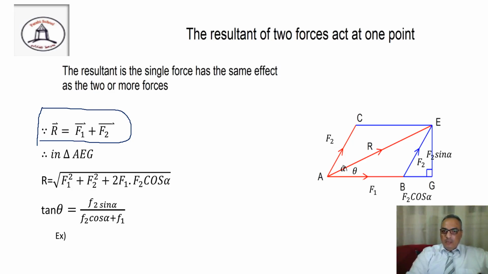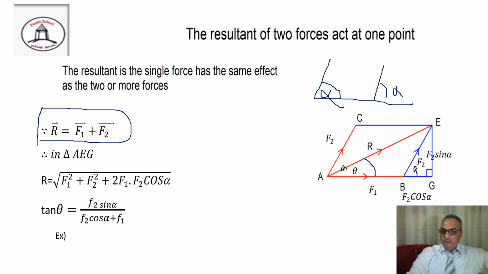Now, the angle between F1 and F2 is alpha, and the angle between R and F1 is theta. From the property of parallelism, this angle equals alpha by corresponding angles. So you can write here alpha.